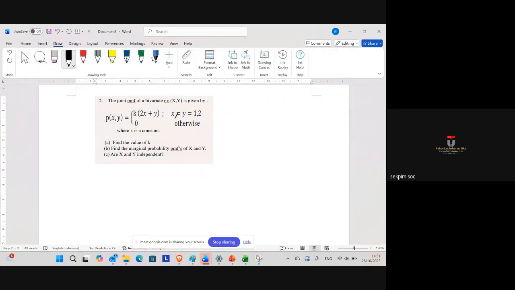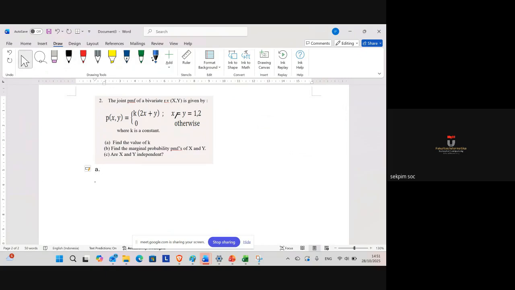The values of X are 1 and 2, and so for Y. For the pair XY, outside of these values, the function value is 0. So we need to find the constant K such that Pxy is a joint probability function.